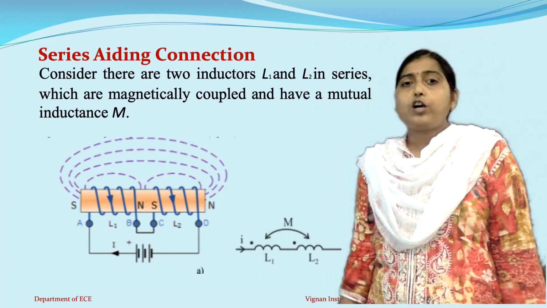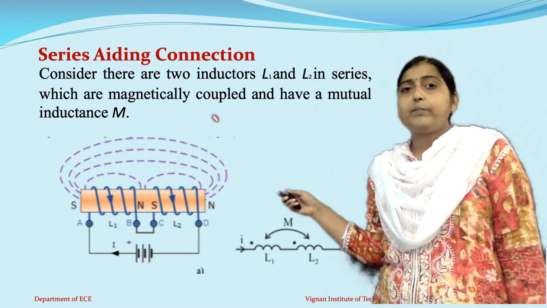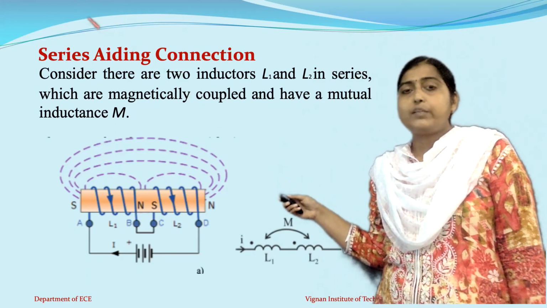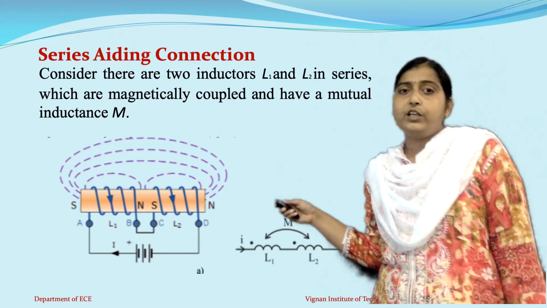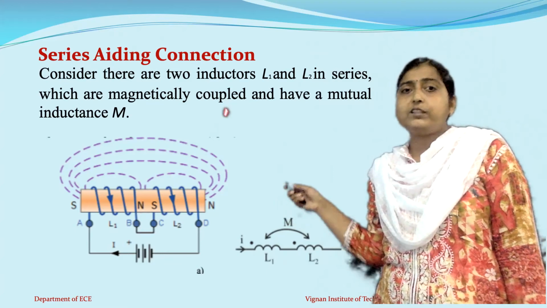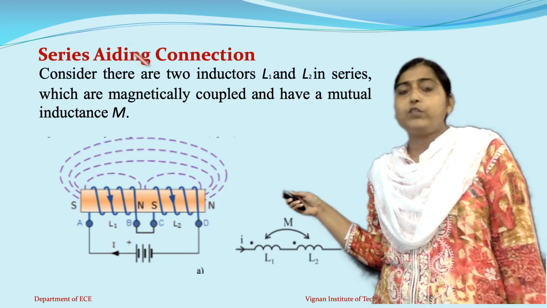Now magnetically coupled circuits are also connected in series and parallel combinations. Let us first talk about the series aiding connection. Aiding is used because we are considering more than one inductance.